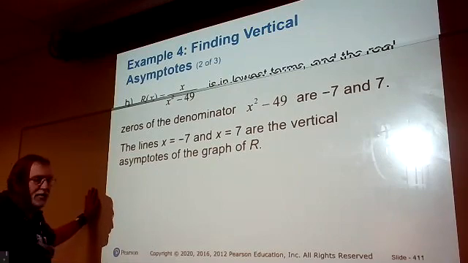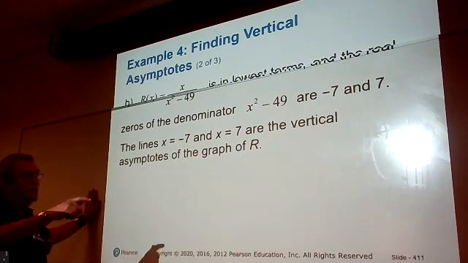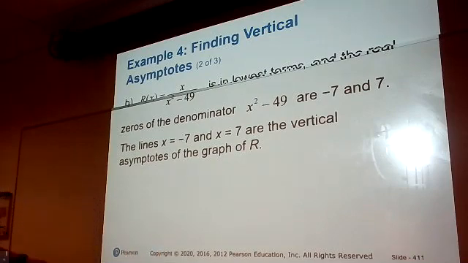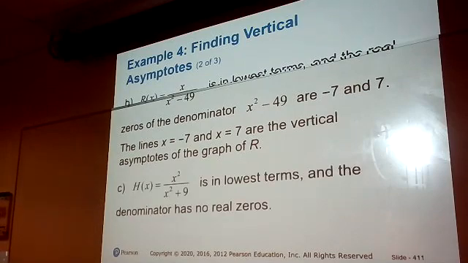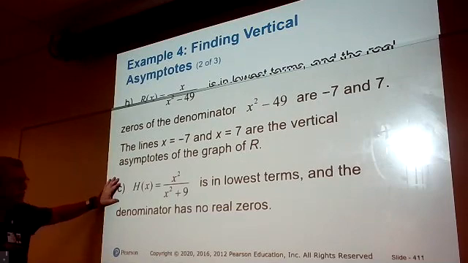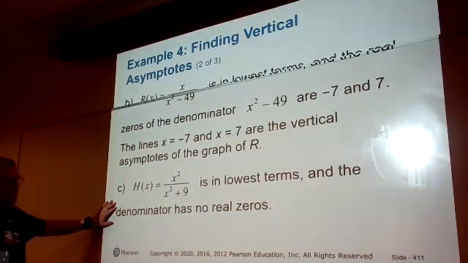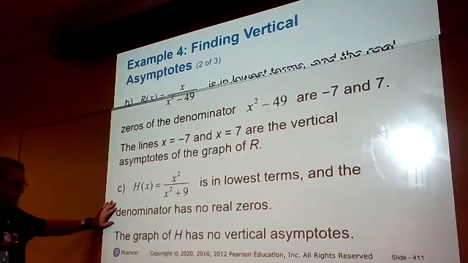Taking the square root of both sides, you get plus or minus the square root of 49, which is plus or minus 7, which is negative 7 and positive 7. And then, this is in lowest terms, and the denominator has no real zeros, so it has no vertical asymptotes.